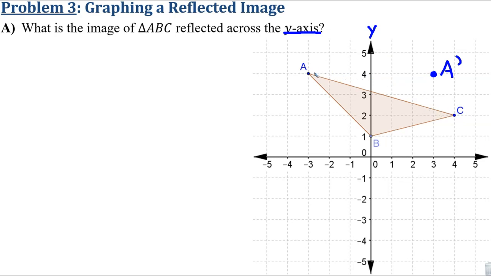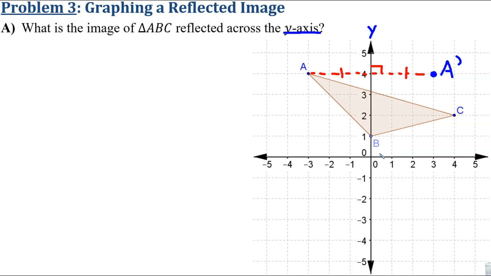Now again, the way that's going to work is if I make a line from A to the line of reflection, it's going to be congruent to the line from the line of reflection to my A prime, to my image. And then also that line between those 2 points is going to be at a right angle to the line of reflection.